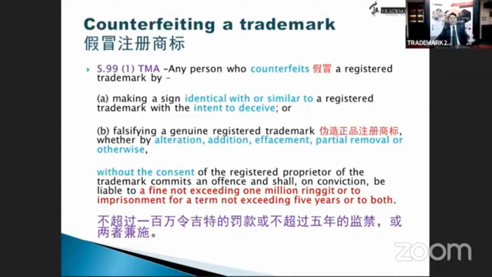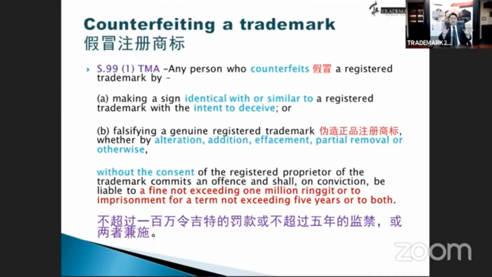If you are found to have committed an offense, you will be fined not exceeding 1 million ringgit, or imprisonment not exceeding 5 years, or both. So please don't sell counterfeit products, for those of you who do online selling, 微商, or maybe online on Shopee or whatever.